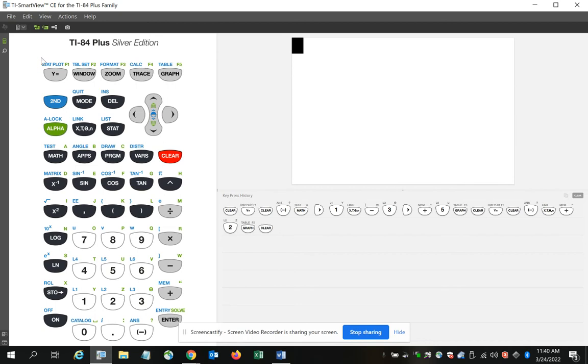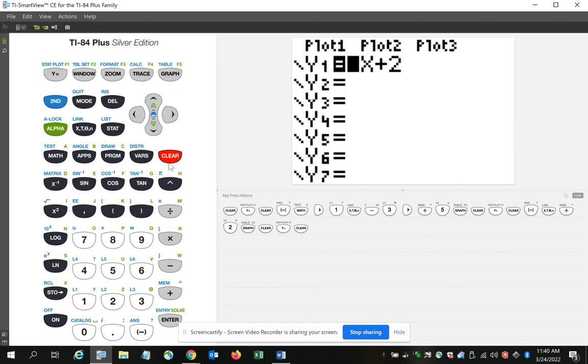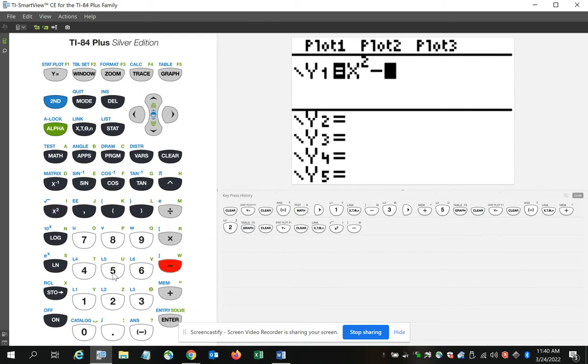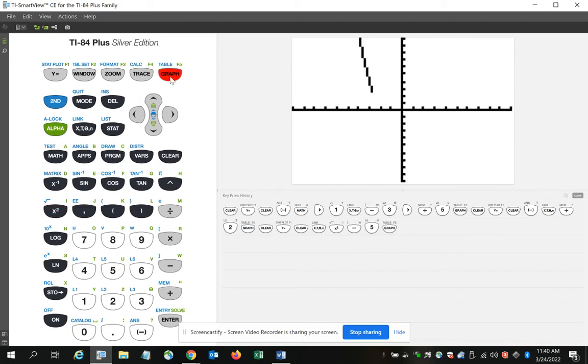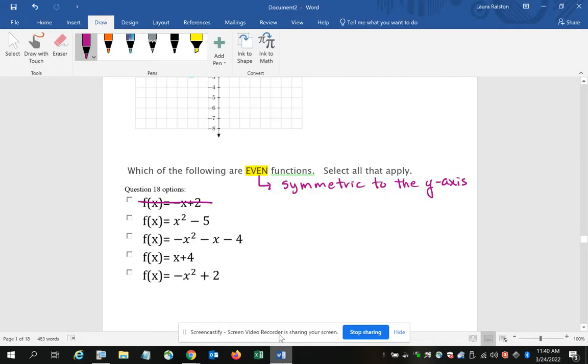Takes a little time, but it's okay. Y equals x squared minus 5. And we want a graph. Now, to me, that one does look as if it is symmetric to the y-axis. And so I'm thinking maybe so, and I can verify that algebraically.